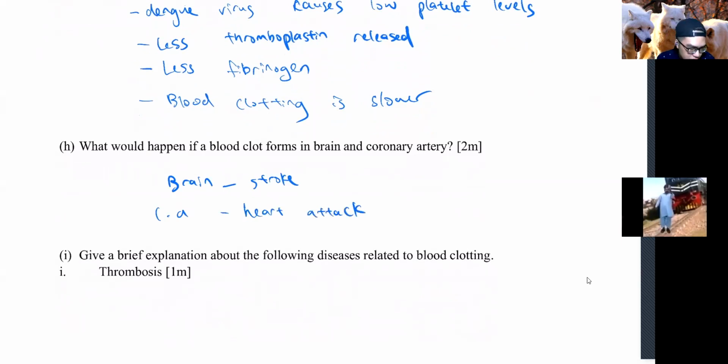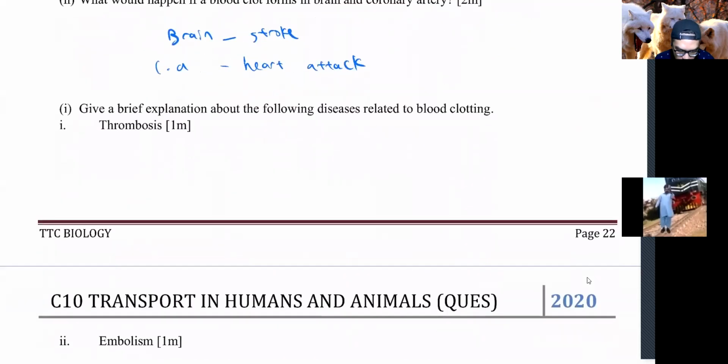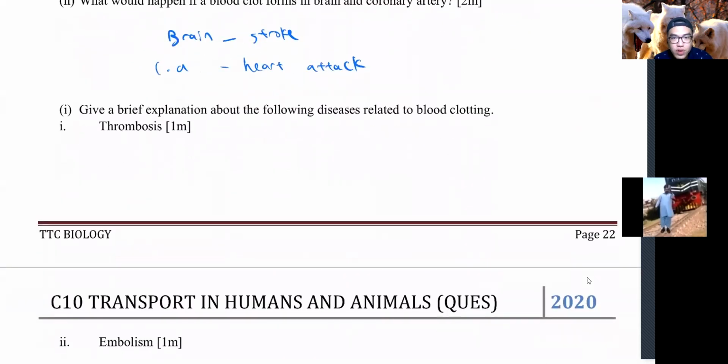Heart attack. All right, so I give a brief explanation about the following diseases related to blood clotting. So what is thrombosis? You can see clotting in an artery, which causes blockage.